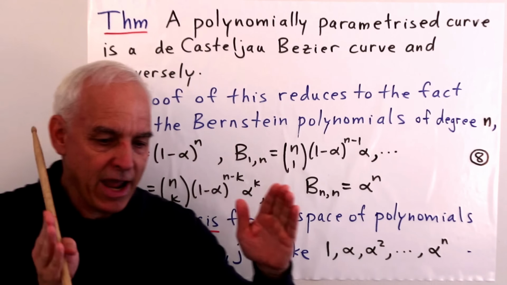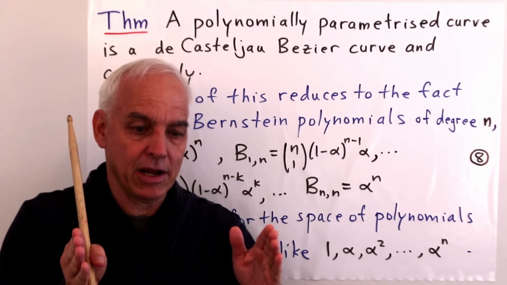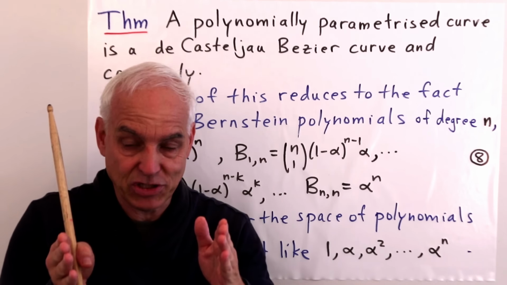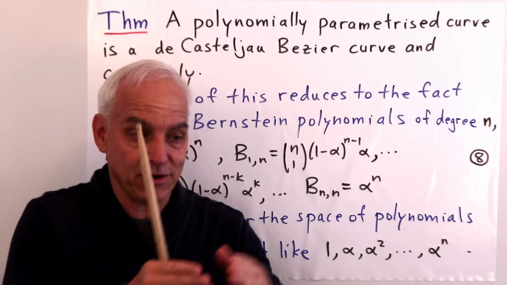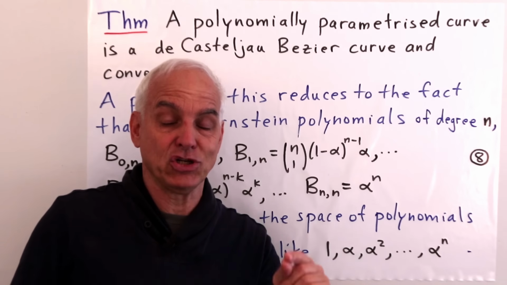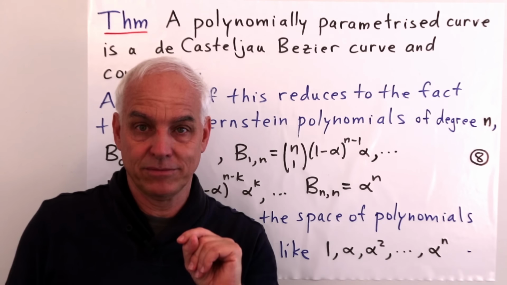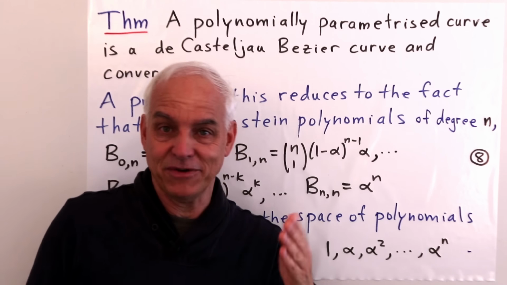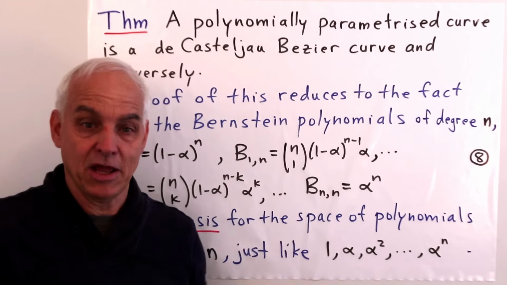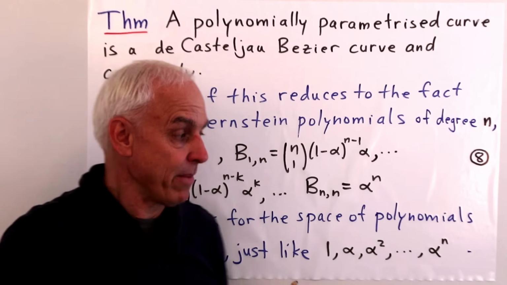In other words, if you have a curve which is given parametrically, so you have an x expression which depends on lambda, and a y expression which depends on lambda, and both of those expressions are polynomials in lambda, then that curve is actually a Casteljau Bezier curve. And conversely, if you have a Casteljau Bezier curve, then it's necessarily of this kind, where the x and y coordinates are polynomials in the parameter.